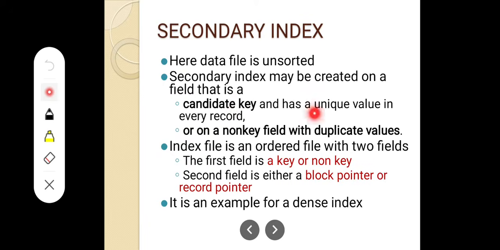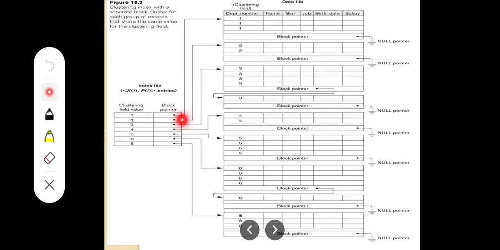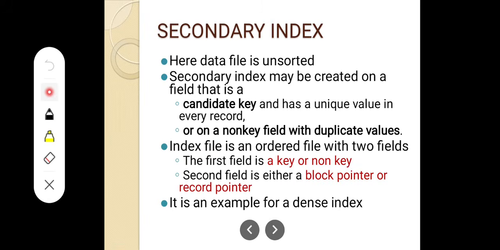So the secondary index can be created using a unique key, a candidate key, or a non-key. Clear? Now they are talking about the index field. This index file is having how many fields? Two fields.